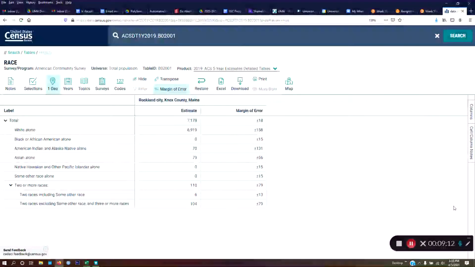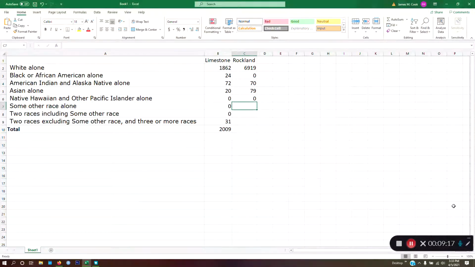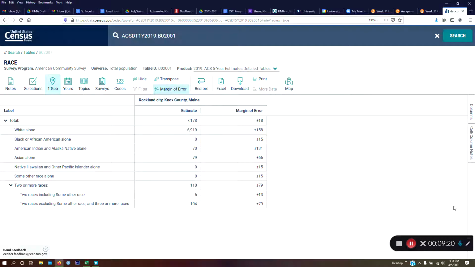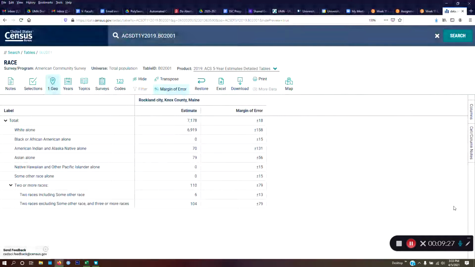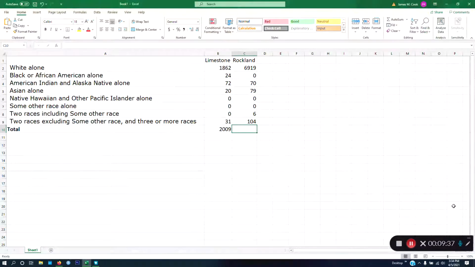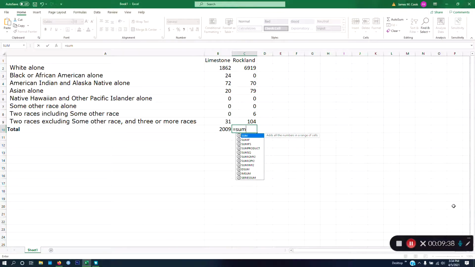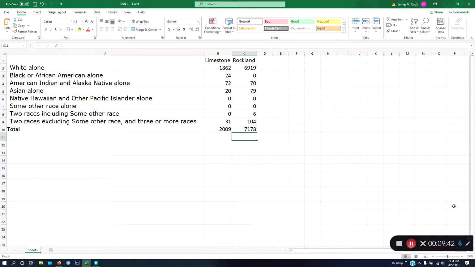And then Native Hawaiian or Pacific Islander alone, and some other race alone, 0. How about 2 races including some other race? Well, that would be 6 people. And then there are 104 individuals who either have 2 races excluding some other race or 3 or more races indicated. That's 104. And the total of that, sum of C2 to C9, is 7,178.